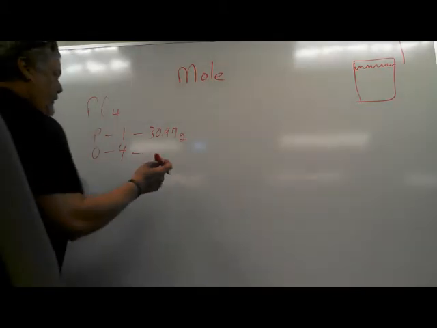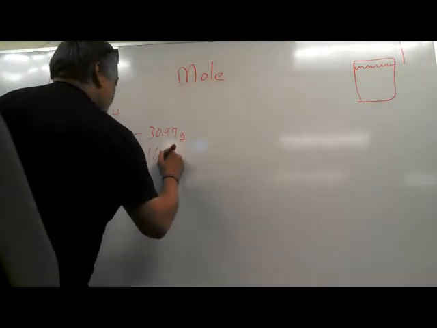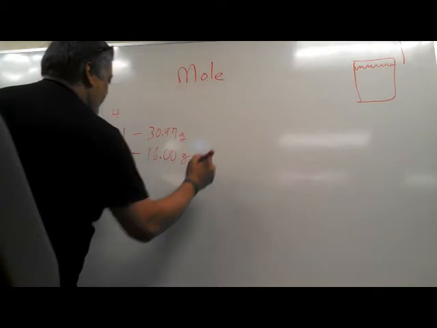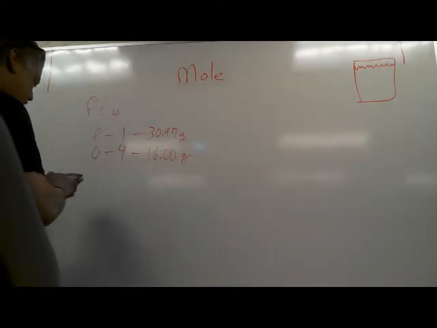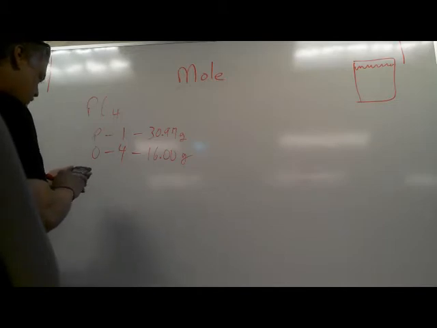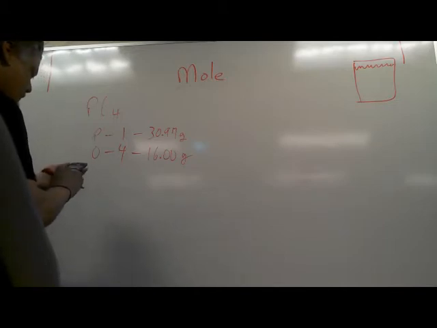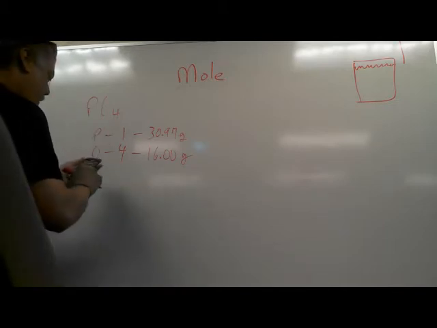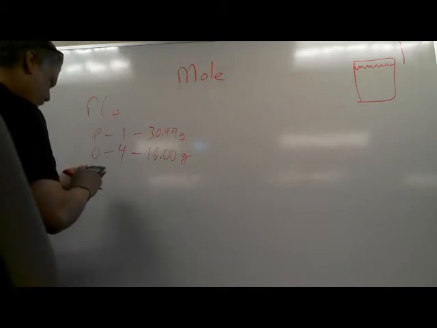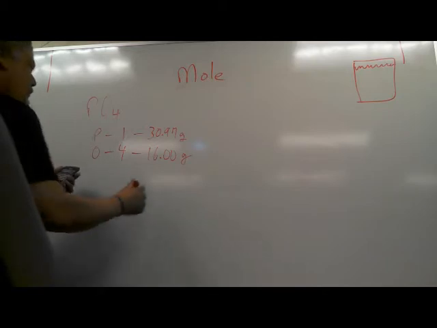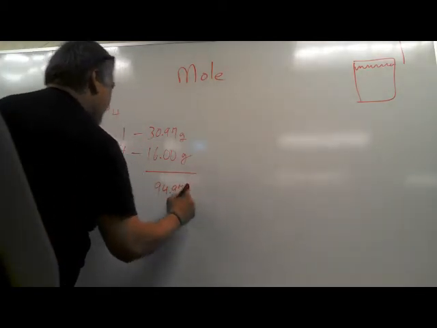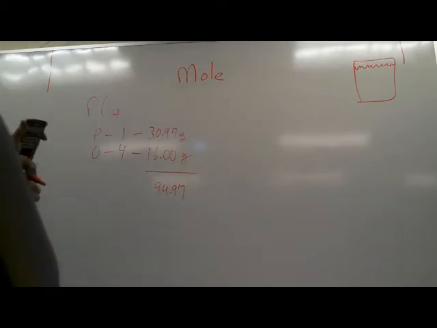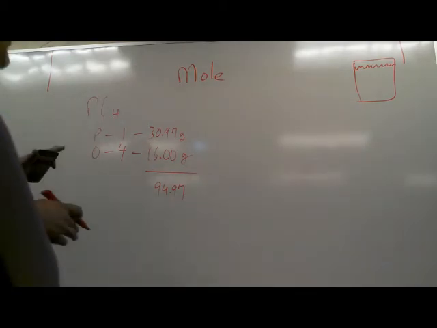Most instructors, including Mr. Williams, use 16. Okay? So you have 4 oxygen atoms at 16 grams. So that's 16 times 4 equals 64 plus 30.97 for a grand total of 94.97. So now, let's write the conversion factor that we just created.